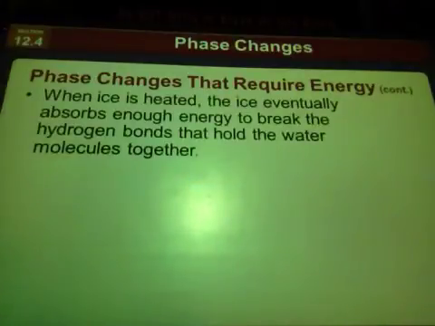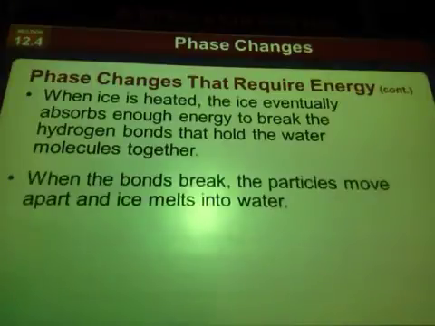So when ice is heated, the ice will eventually absorb enough energy to break the hydrogen bonds that hold the water molecules together. When the bonds break, so specifically this is hydrogen bonds, because in this example we're talking about water. But what I want you to think about is that you're breaking intermolecular attractions. You are breaking through these forces.